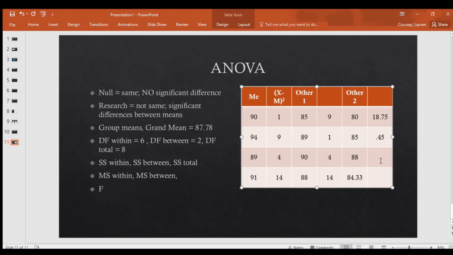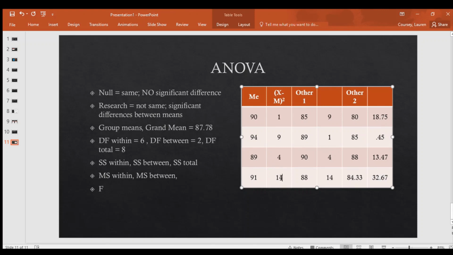And finally, 88 minus 84.33 squared to give us 13.47. And then again, I would sum all of these together to give us 32.67.